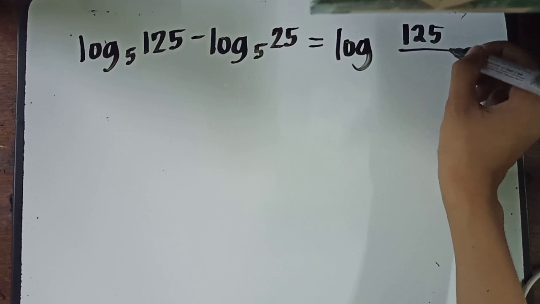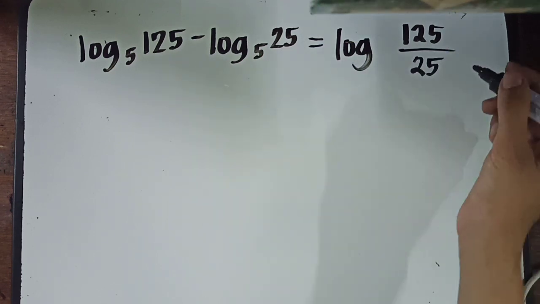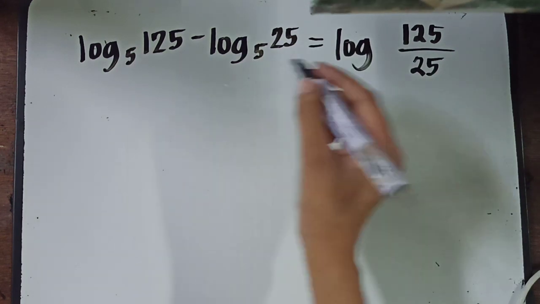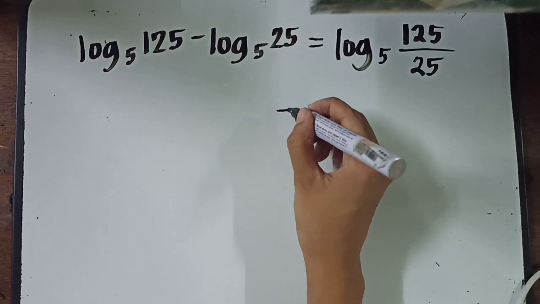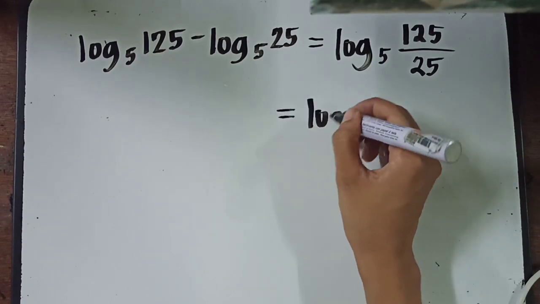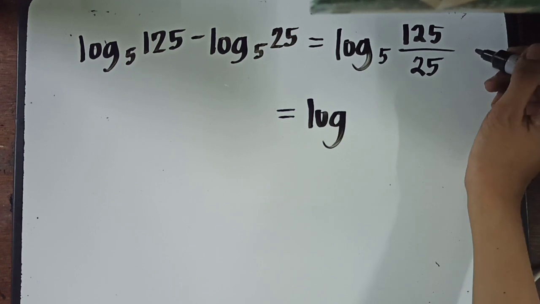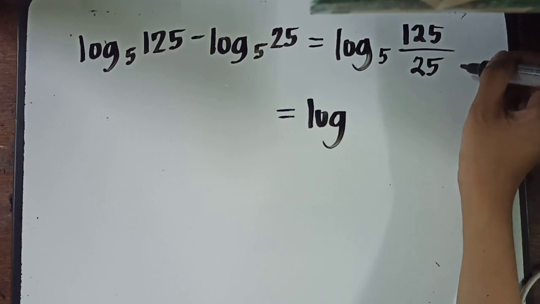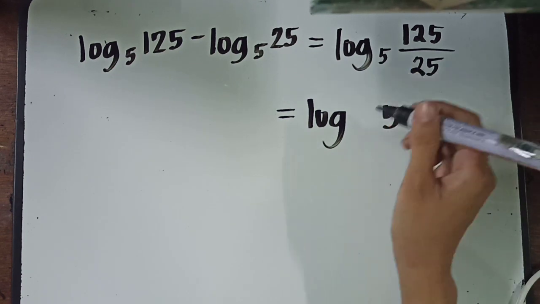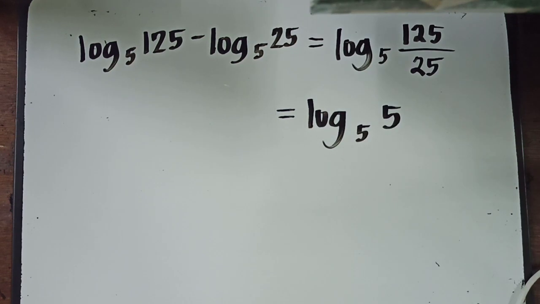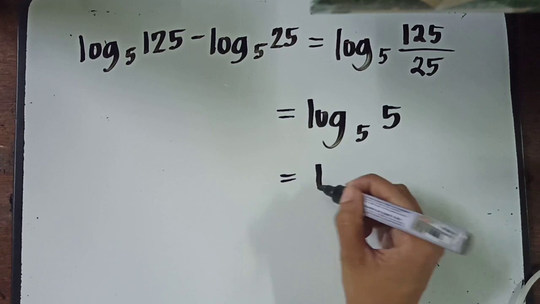Okay, so over our denominator will be 25. Okay, and the same base, ano yung base natin? So that is 5. Okay, so next, so that is equal to the logarithm of this 125 over 25 ay pwede kong i-simplify. So 125 divided by 25, the answer is 5 to the base 5. Okay? And that is equal to 1.